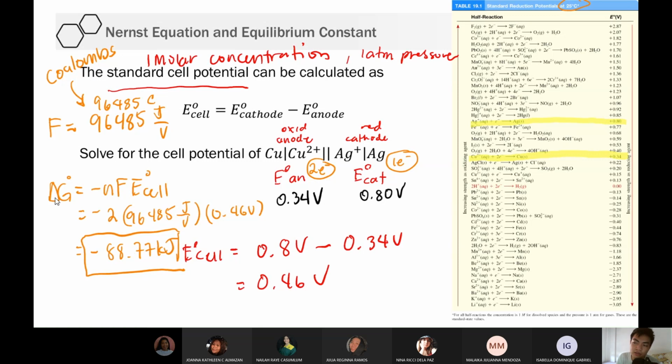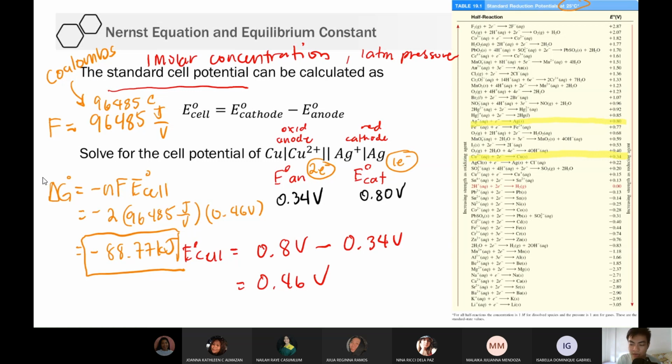Okay. So, if the value of delta G is negative, ibig sabihin nun, spontaneous yung reaction. Ibig sabihin, the reaction will happen. Okay. But if the value of delta G is positive, non-spontaneous yun. Ibig sabihin, the reaction will not happen. Okay?